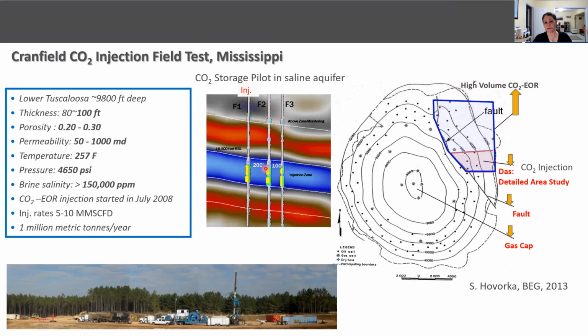The first one is about 200 feet away from the injector, and the other one is about 300 feet from the injector. And there was a lot of different monitoring going on during the test, taking samples, pressure, temperature, composition, and so on. This is the site. This is the injector. I believe this was one of the monitoring wells, and this was the second monitoring well.